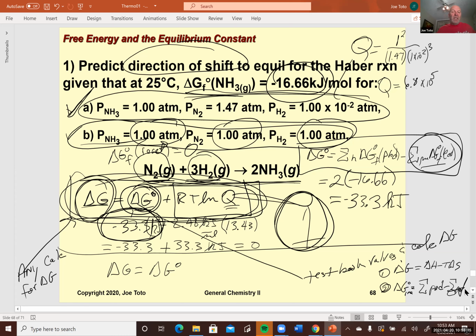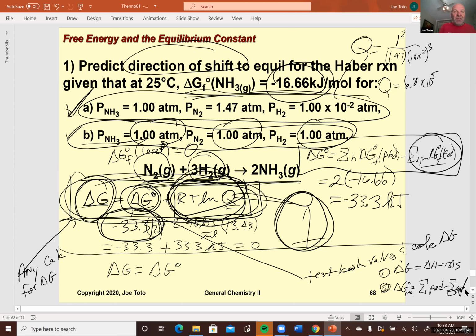And then we added to that RT times ln Q. It's kind of like a correction factor for being off standard, right? Because the only time you get a contribution from this term is when Q is not 1. The reaction mixture is something that's not standard.